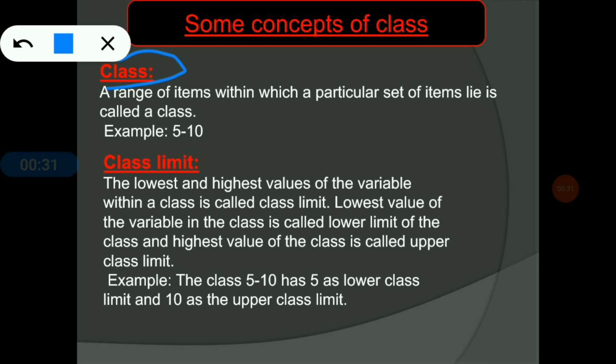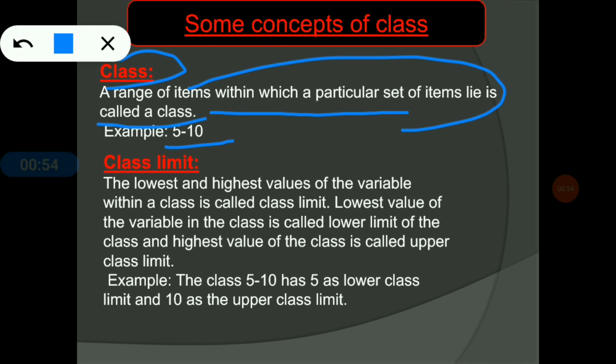In statistics, a class is a range of items within which a particular set of items lie. For example, 5 to 10, 10 to 15, 20 to 30 are all examples of class.